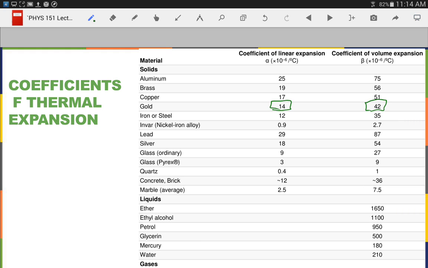Well, let's just say I have a sphere. A sphere has a volume equal to 4/3 pi times radius cubed.